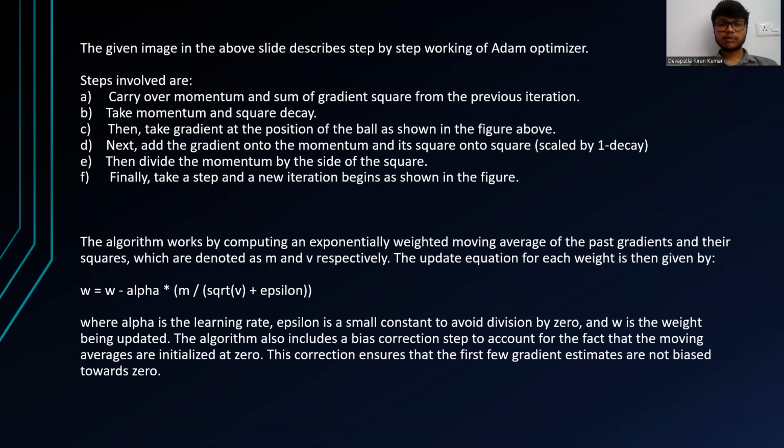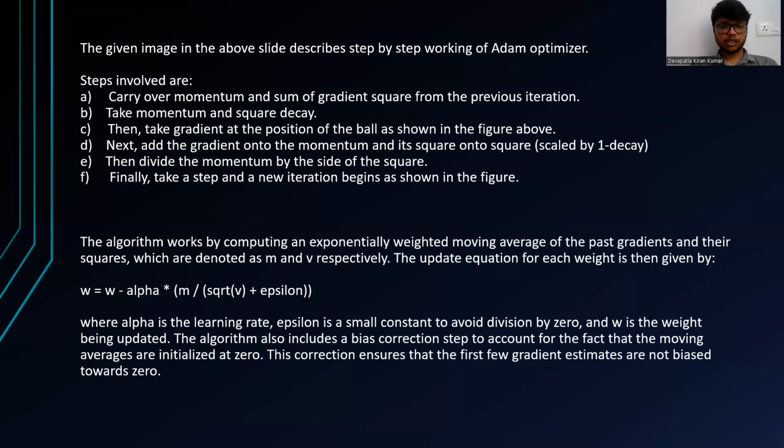This algorithm works by computing an exponentially weighted moving average of the past gradients and their squares, which are denoted as m and v respectively. The update equation for each weight is then given by w equals w minus alpha times m divided by the square root of v plus epsilon, where alpha is the learning rate, epsilon is a small constant to avoid division by zero, and w denotes the weight being updated.